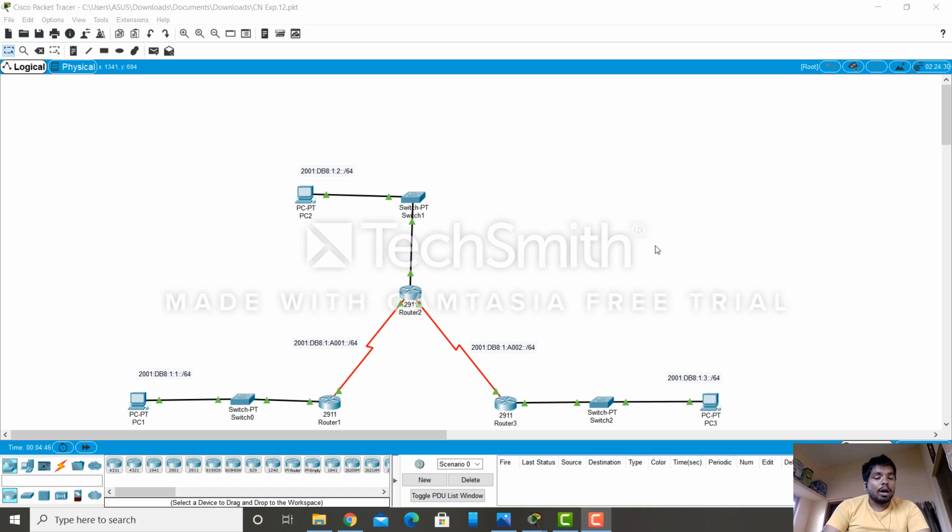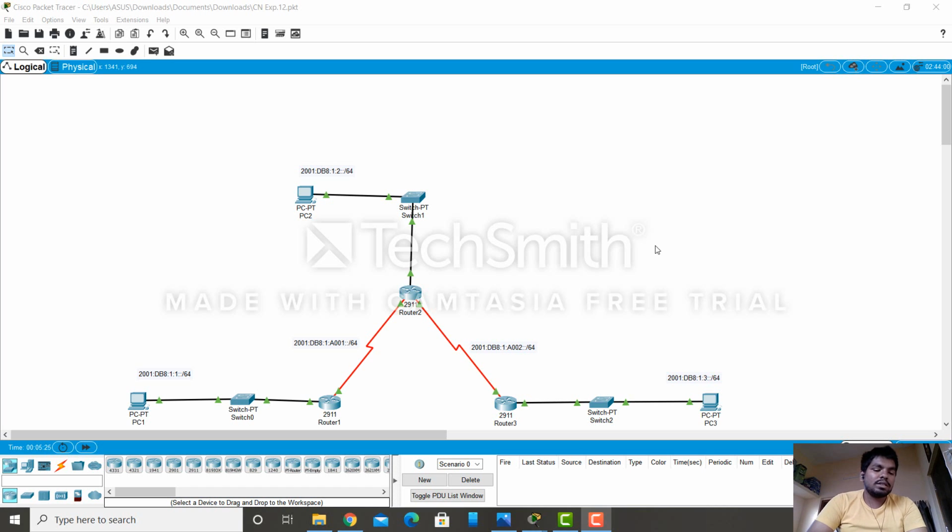For part 1, on R1: configure interface G0/0. R1(config-if)# ipv6 address 2001:DB8:1:1::1/64. R1(config-if)# no shutdown.